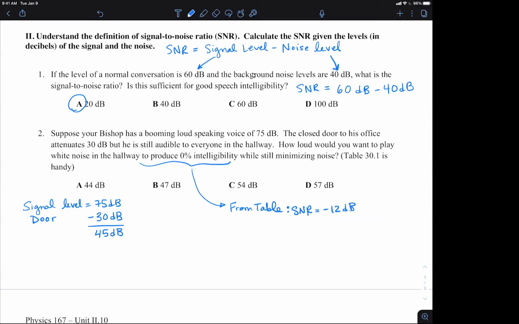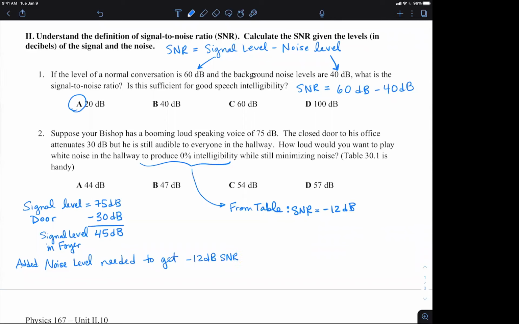So that's what we're calling the signal level in the foyer. And then the question is, what should the added background noise level be to get 0% intelligibility, which is a minus 12 dB signal to noise ratio?